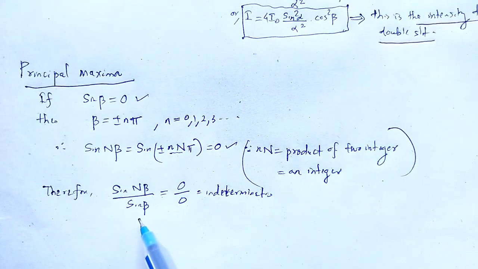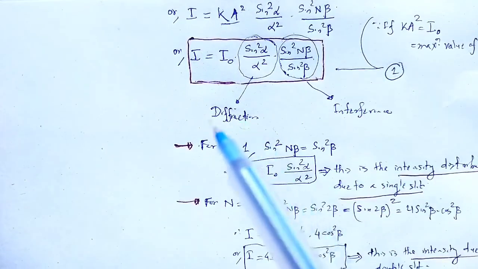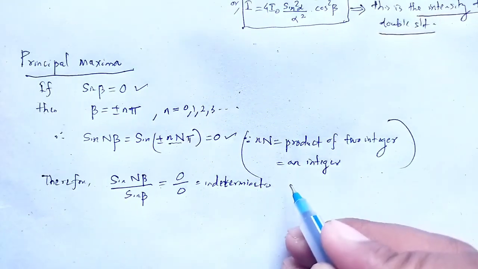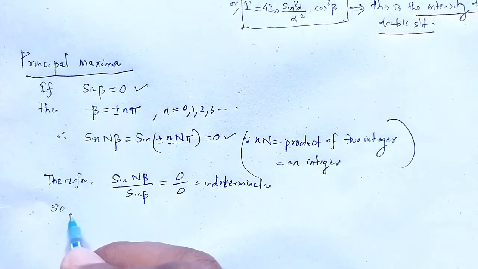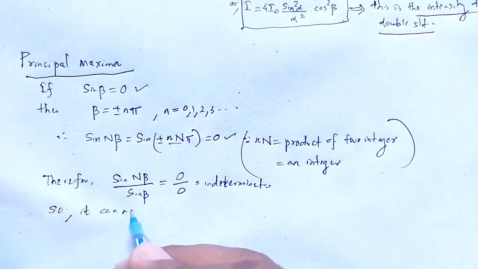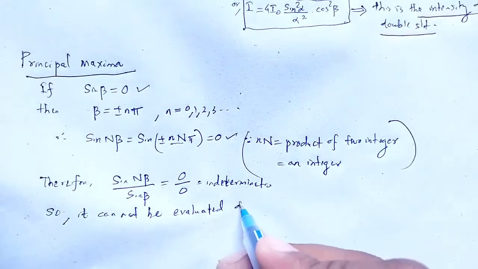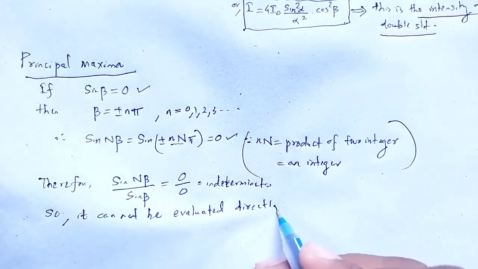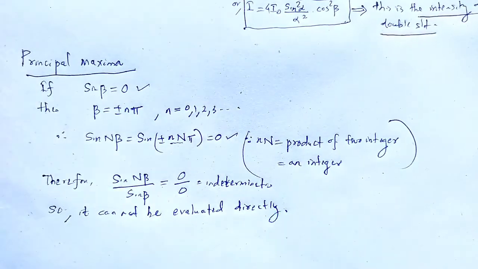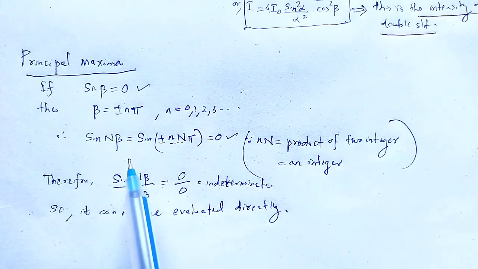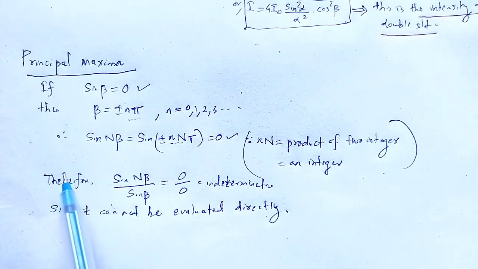So, sin n beta by sin beta, that value can't be evaluated directly, but it can be evaluated by finding its limit as beta tends to plus minus n pi.